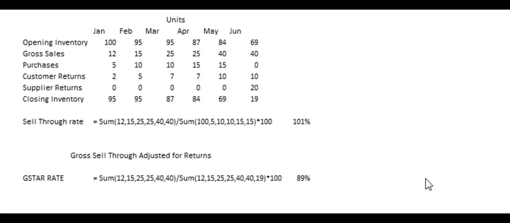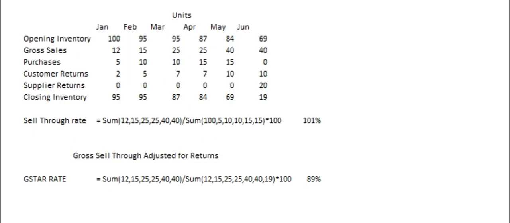I would urge all of you to try this example on your own laptops to get clarity on how these numbers differ.